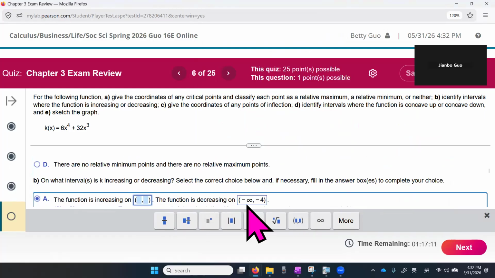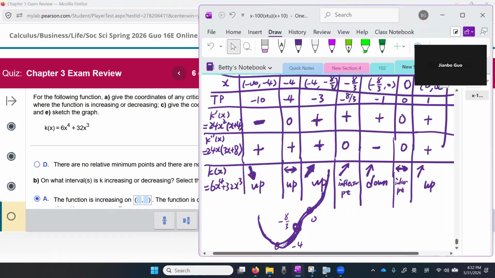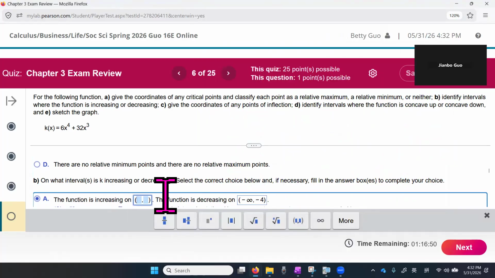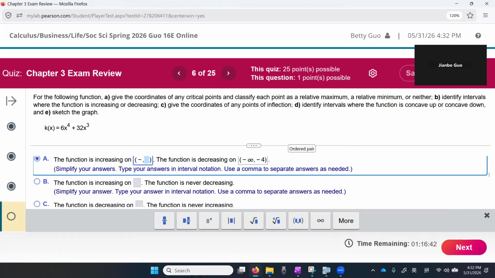Here there is an issue, so I would write the interval as two intervals, because at 0 the function is kind of flat: negative 4 to 0, comma, 0 to positive infinity.